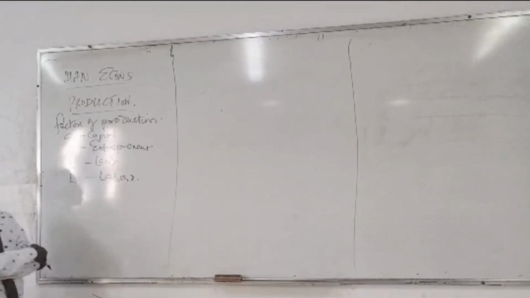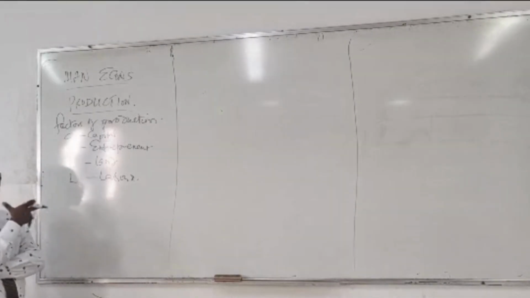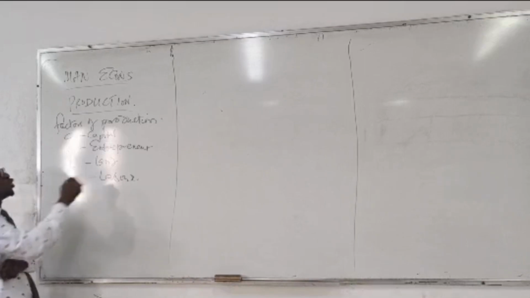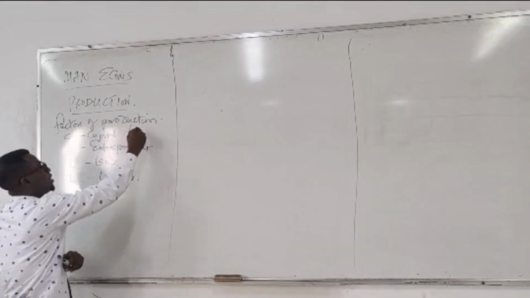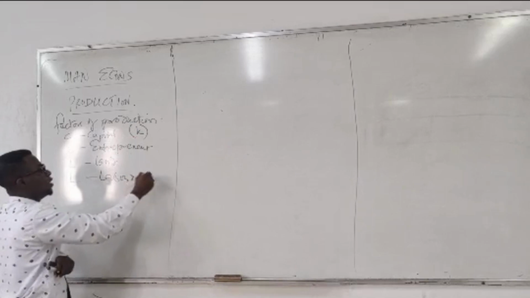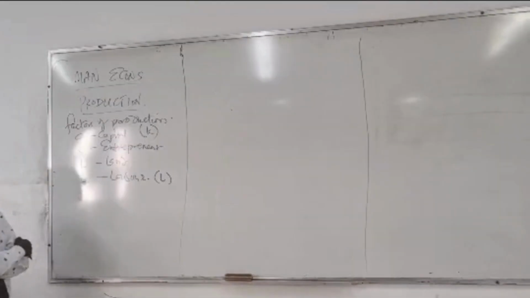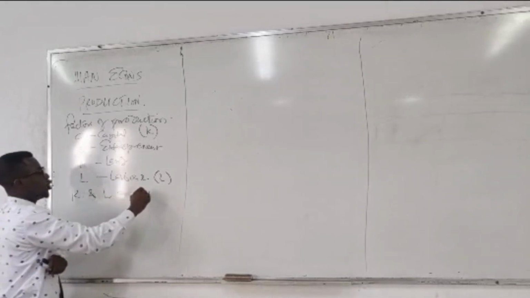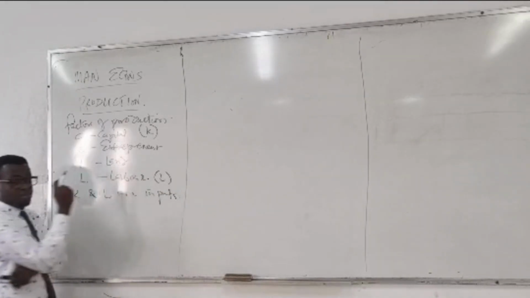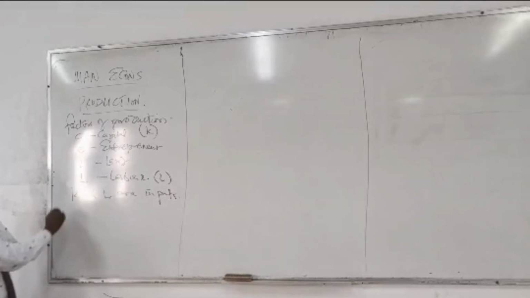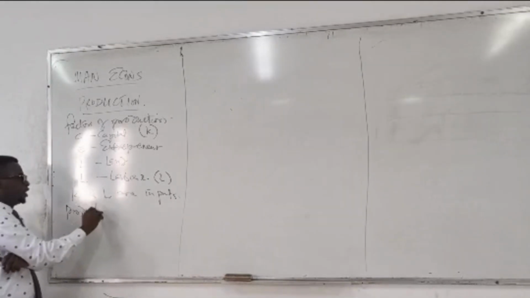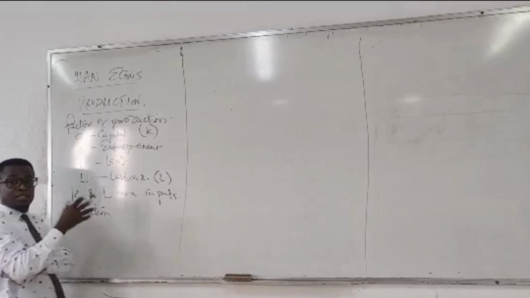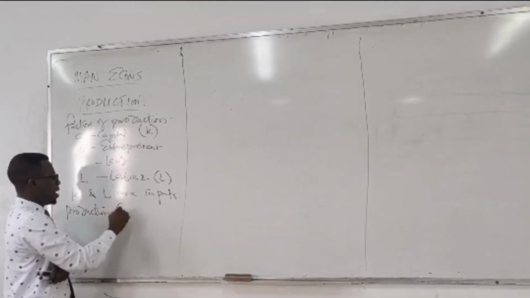Now, in terms of the topic under this course, we are only going to concentrate on capital, which will be represented by a K, and labor, which will be represented by an L. We will also say K and L are what we call inputs. Production is about trying to produce, so we are talking about outputs.